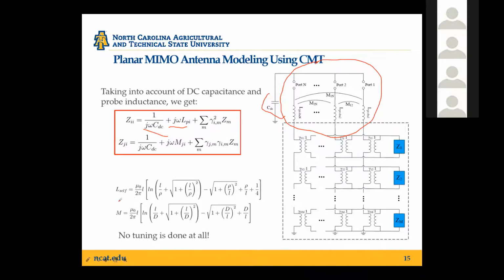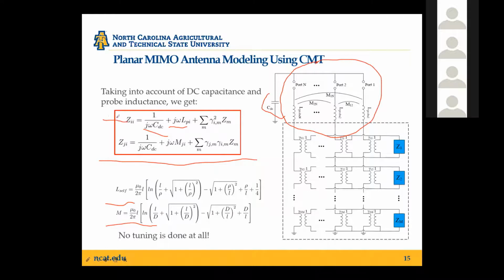For example, the self and the mutual inductance expression is shown down here, and the DC capacitance you can pretty much calculate using a very simple static method of moments code. So, considering those extras, the compensation for the physical feed, we arrived at these two expressions shown here.